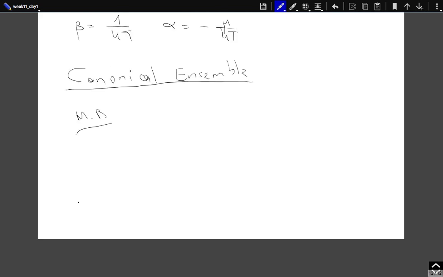Well, we need the partition function in the canonical ensemble, which was defined as, let's say, for the n particles, e to the power minus beta E, sum over all microstates of the whole system.